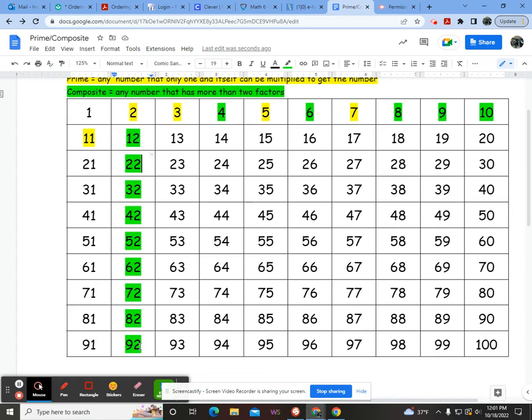Now 2 is prime, but everything that 2 goes into is composite because it has more than 2 factors. Then we can skip right over to the ones that end in 4. Those are all also even numbers, which means 2 goes into them, so they are what kind of a number? They are also composite.